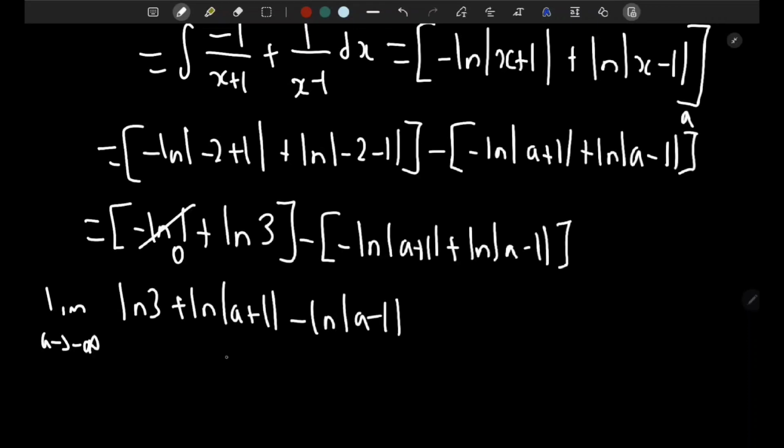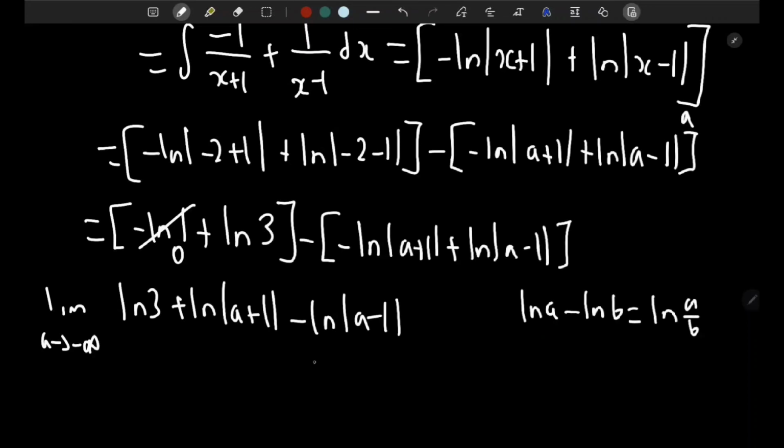So somehow we need to change this into a fraction, and the way to do that is to recall the logarithm properties. So ln a minus ln b is equal to ln of a over b.